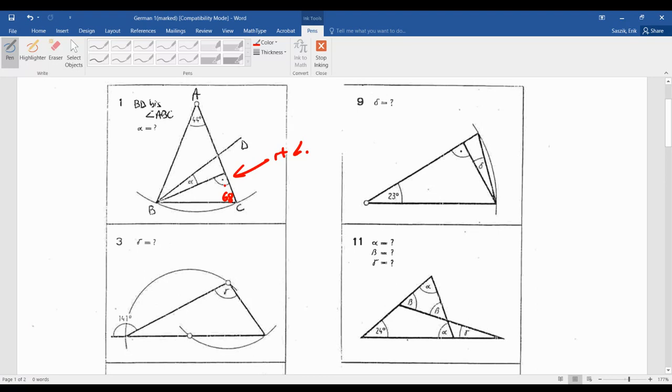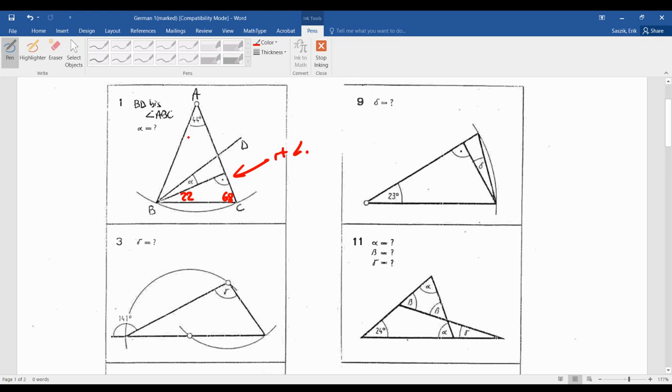If that's 90, that does allow us to figure out what that is going to be: 22 down here. But remember, this whole angle was 68. So 68 minus 22 is 46.